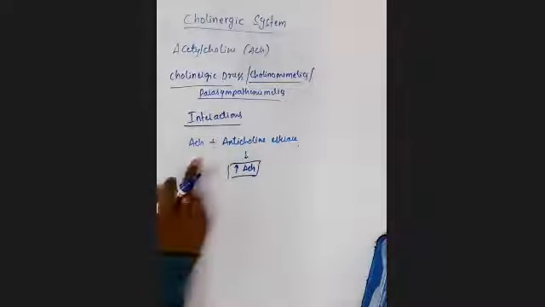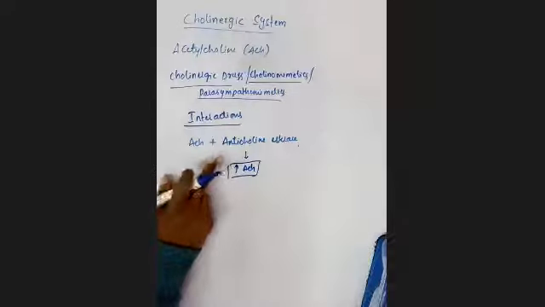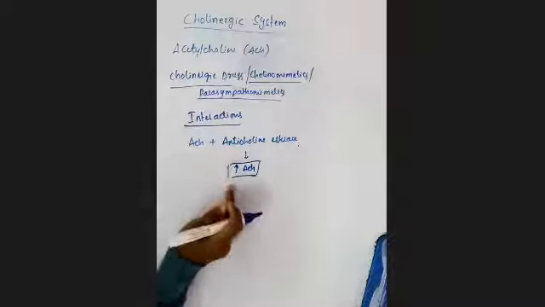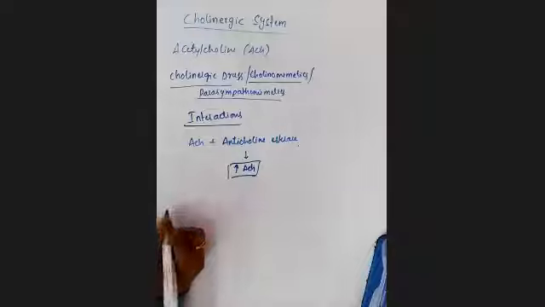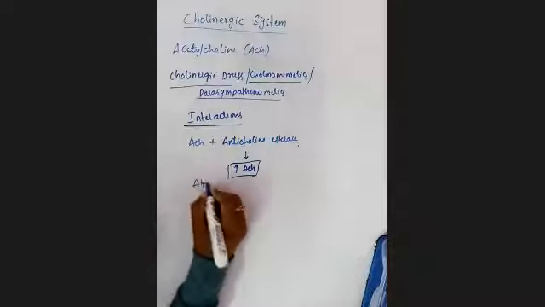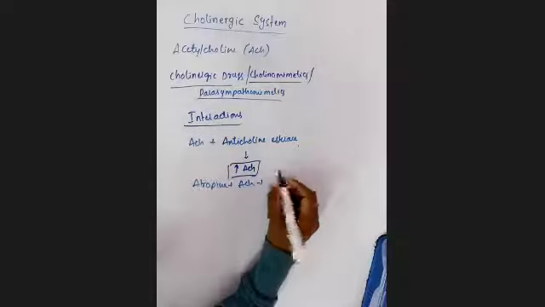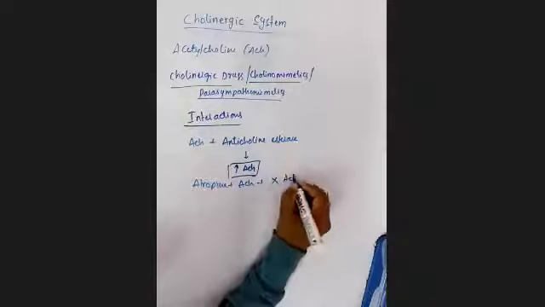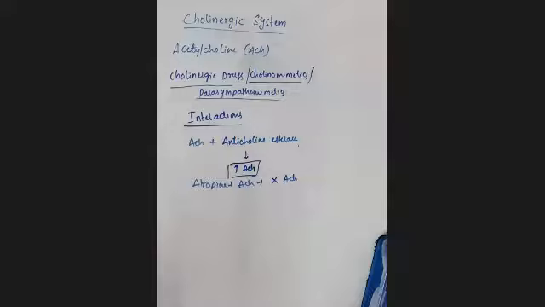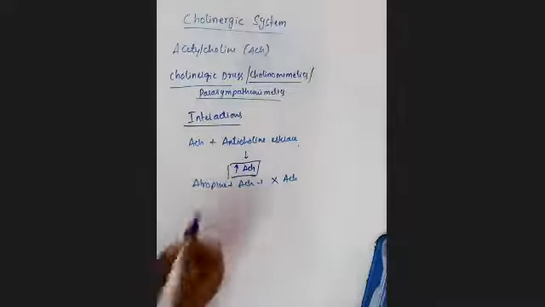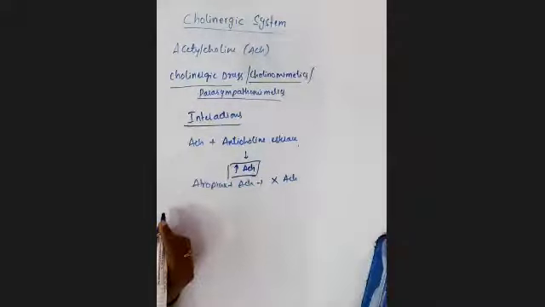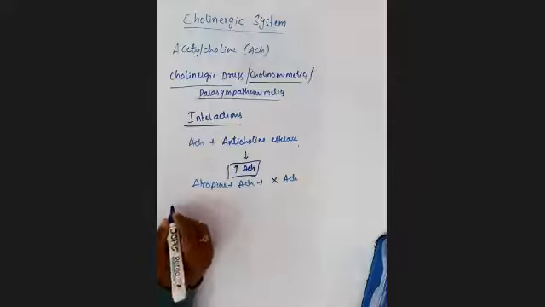Whenever you give the combination of acetylcholine along with anticholinesterases, it increases the acetylcholine levels. And if you give atropine along with acetylcholine, it inhibits the actions of acetylcholine. Okay, these are the two main interactions you may observe regarding acetylcholine.